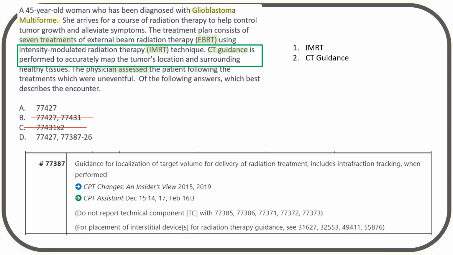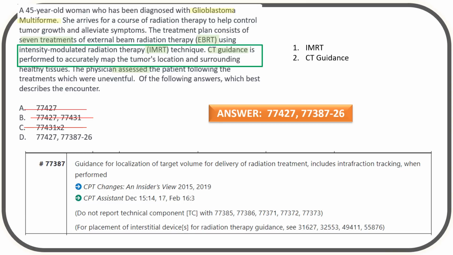And this code 77387 is an eligible code, and you can see we appended the 26 modifier because the professional is coding for it, right? So if you said D, outstanding. 77427 and 77387 with a 26 modifier.